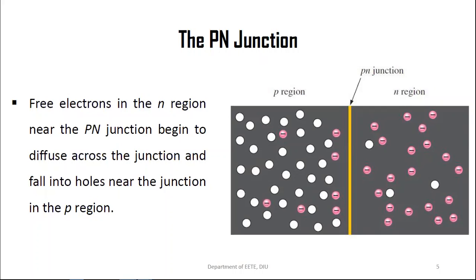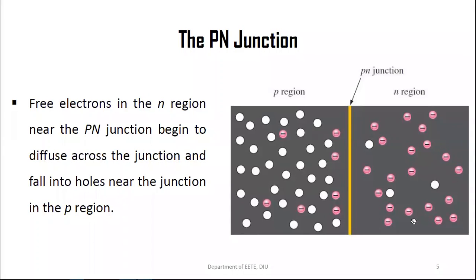And in the n region, you can see the minus signs are much more numerous. That means they represent electrons, and the small number of white balls represent holes. So these holes are minority carriers and the electrons are majority carriers.